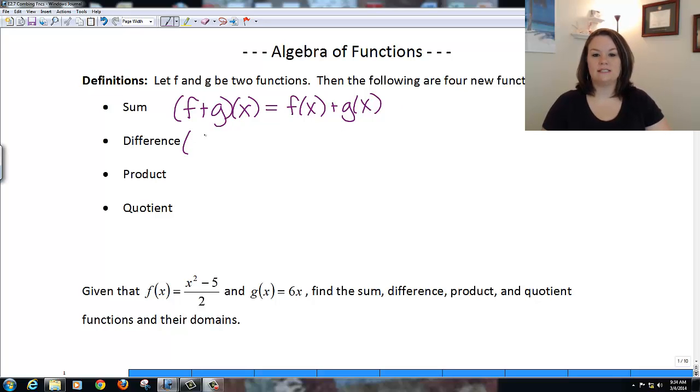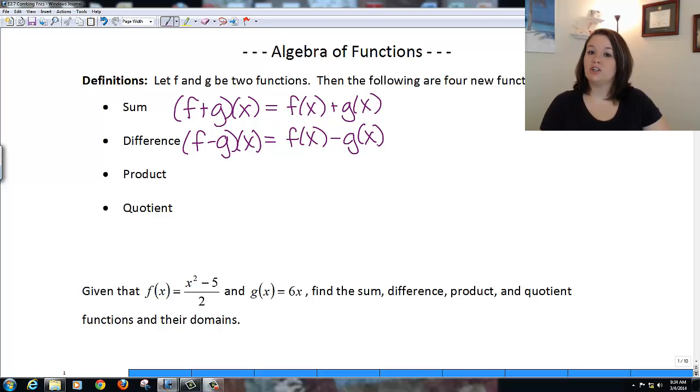Difference function is the same. I do f minus g of x, which is f of x minus my g of x function. Make sure you write these in the right order or your answer will suffer. And since we're subtracting, if there's more than one term in our g function, make sure you distribute this negative to every term of g. Our product function means we're multiplying, so f times g of x is the same idea.